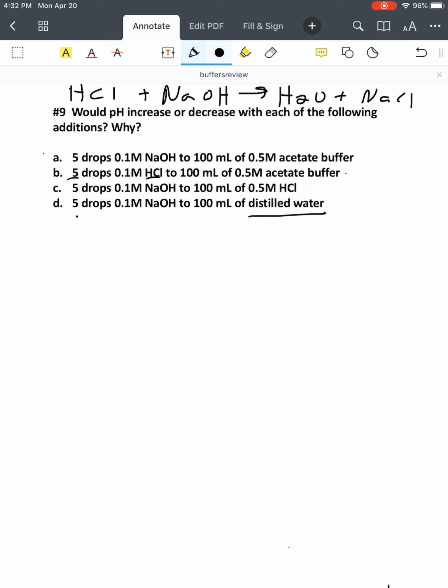So if you add H plus to distilled water, or you add OH minus to distilled water, you're going to directly affect the equilibrium of water's autoionization or dissociation into ions. You directly impact that. Water has no ability to offset the change of adding a small amount of acid or base.